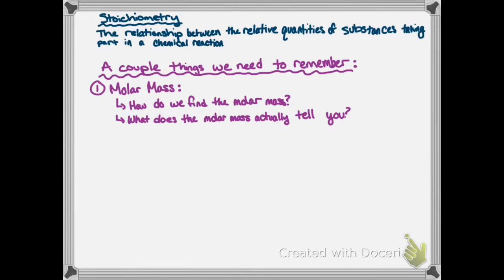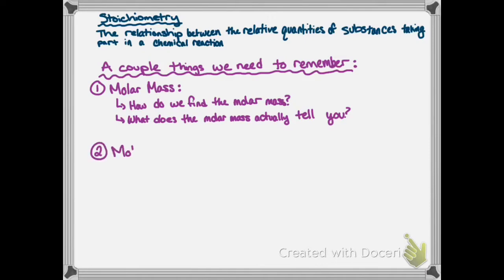If I tell you that you have 12 grams of water and 12 grams of iron, they're going to look a lot different. If I tell you that you have 12 moles of iron and 12 moles of water, that tells you that you have the same number of particles of each. Even though they weigh different amounts, you have the same number of particles of each of those things.